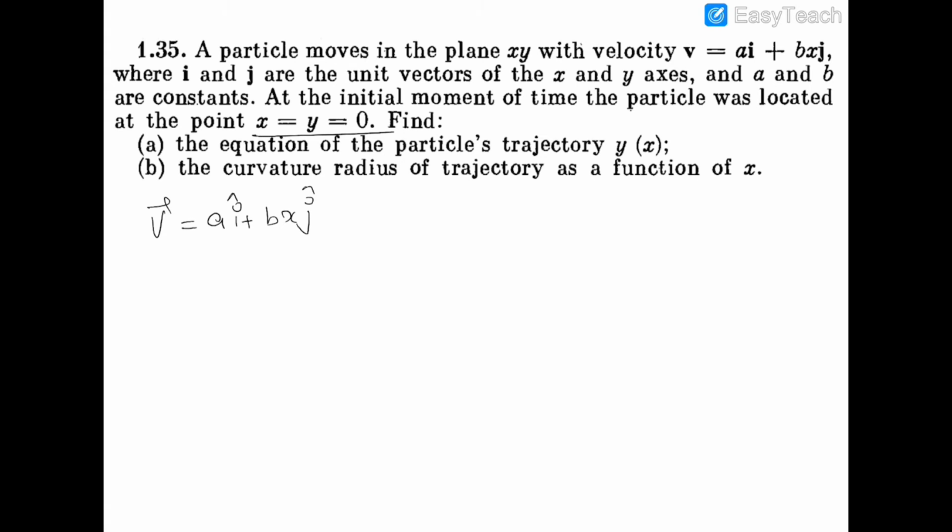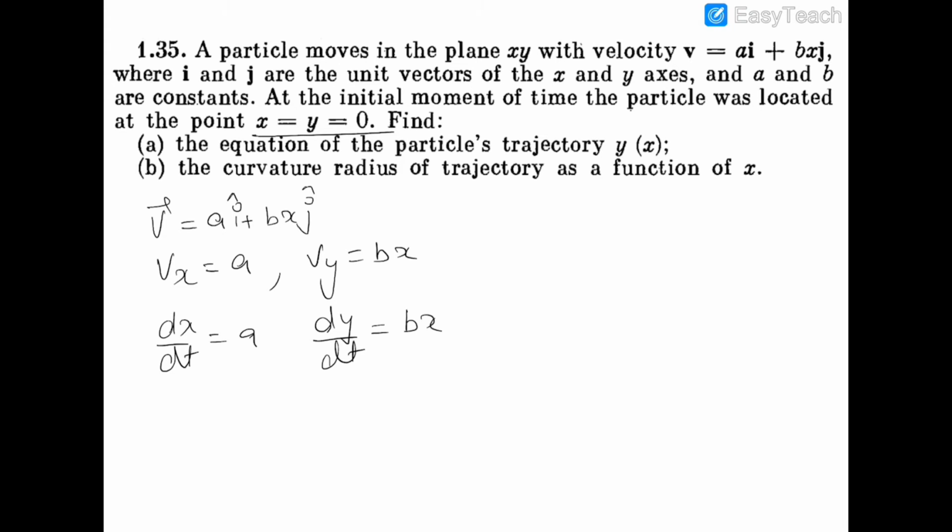We have to find the equation of trajectory of this particle as well as the radius of curvature of the trajectory as a function of x. So we know that Vx is equal to a and Vy is equal to bx, where Vx is dx by dt, which is a, and Vy is dy by dt, which is bx.